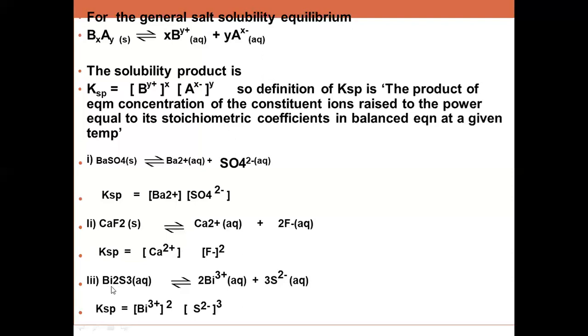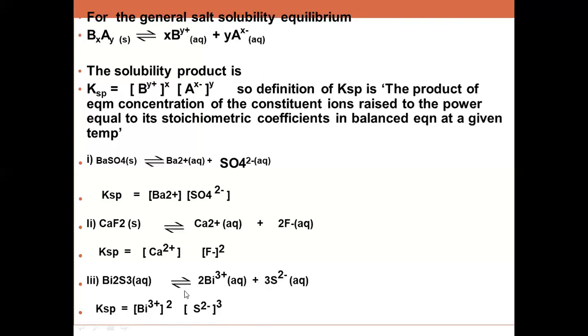Then third example, Bi2S3. It dissociates into 2Bi3+ and 3S2-. Therefore Ksp is equal to Bi3+ to the power 2 and S2- to the power 3. That means this 2 is the coefficient and this 3 is also a coefficient.